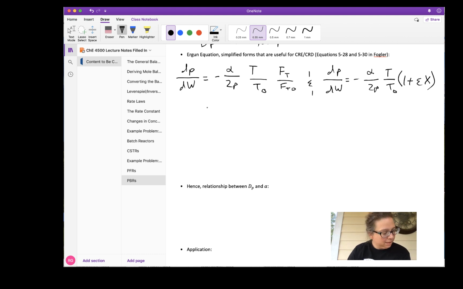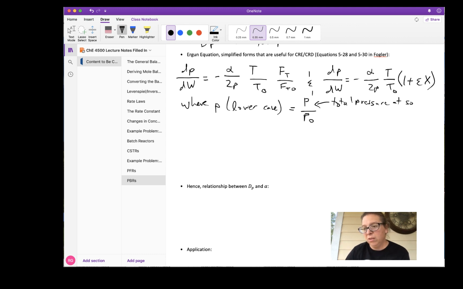The important terms in these equations: lowercase p is equal to P divided by P naught, where P is the total pressure at any given point, we'll say at some location within the reactor, some point down the length or volume, and P naught is the total pressure at the reactor inlet.